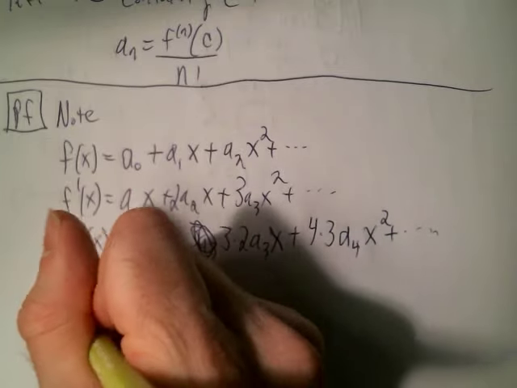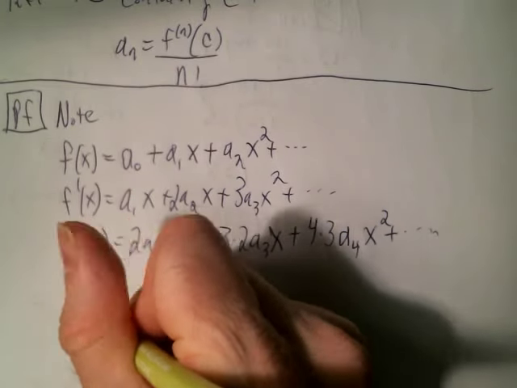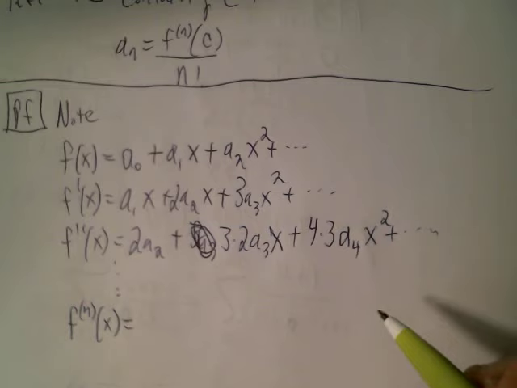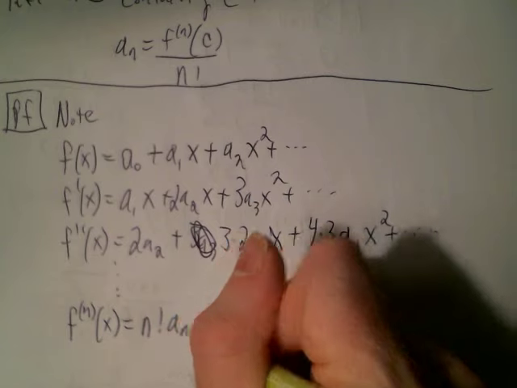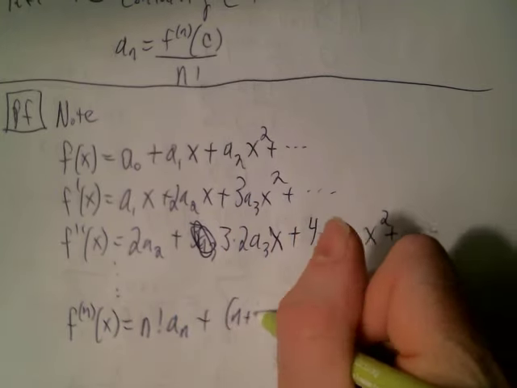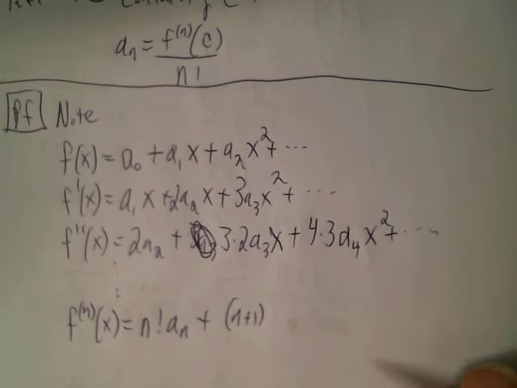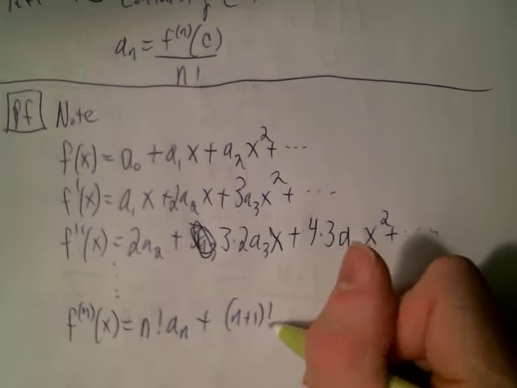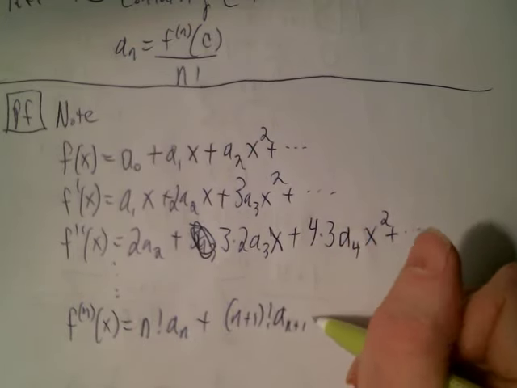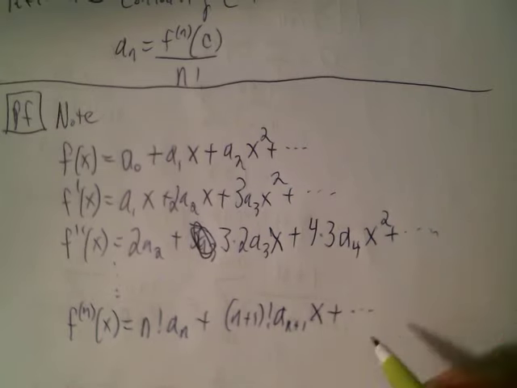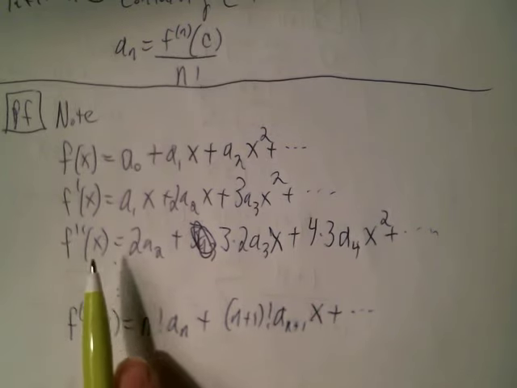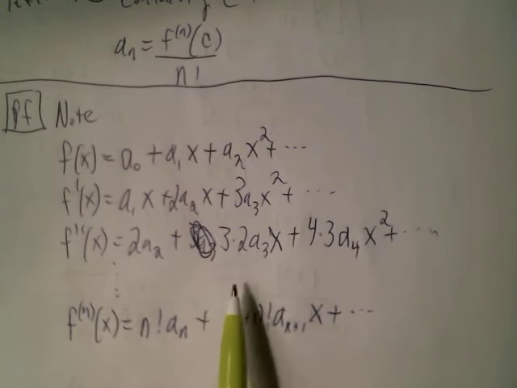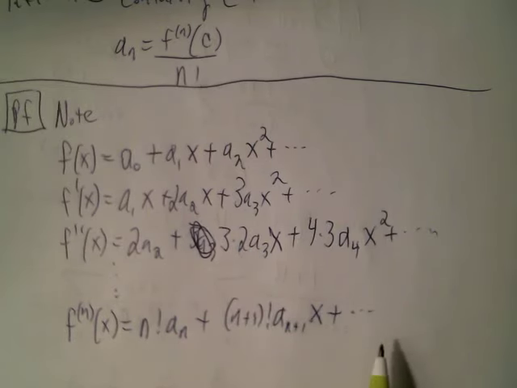And continuing on and on, the nth derivative at x will equal n factorial times a sub n plus (n plus 1) factorial times a sub n plus 1 times x plus dot dot dot. So note, the second derivative puts 2 factorial here. The next term was 3 times 2, which is really 3 factorial, so that would be n plus 1 factorial, and so on.